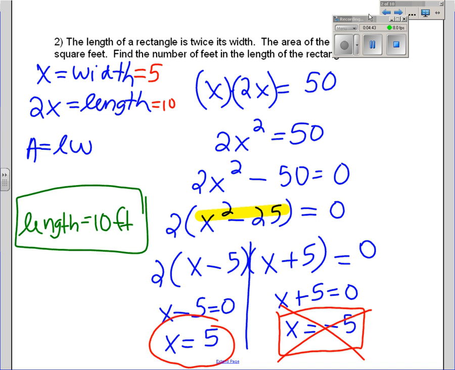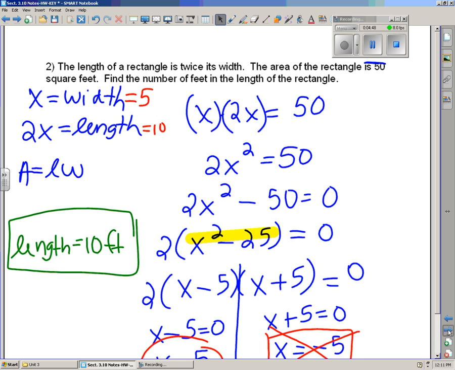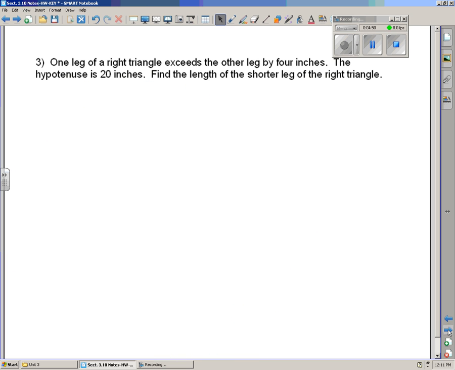Okay, let's take a look at another one. This one, one leg of a right triangle is more than the other by 4 inches. The hypotenuse is 20 inches. Find the length of the shorter leg. Well, they're talking about a right triangle, so that should clue you into something.